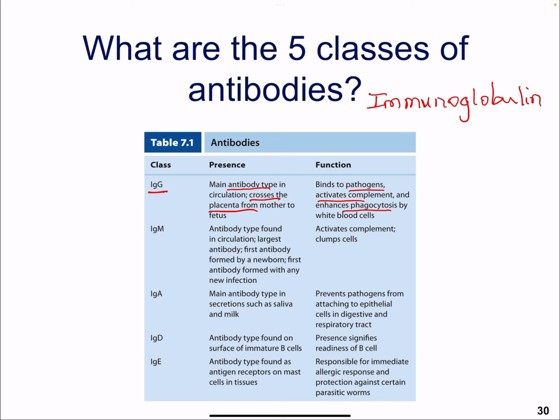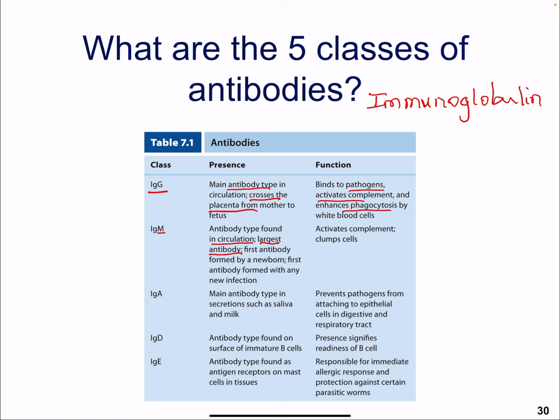The next class is immunoglobulin class M, IgM. This IgM are antibodies that can be found in circulation. They are the largest in terms of size. They are the largest antibodies you are going to find in the body. They are the first antibodies to be produced during an infection.